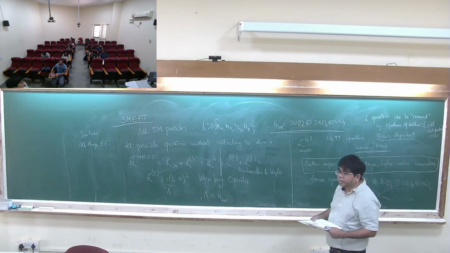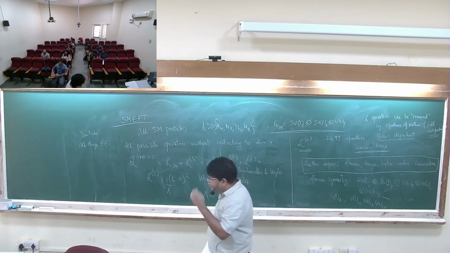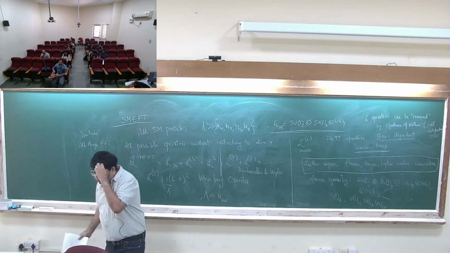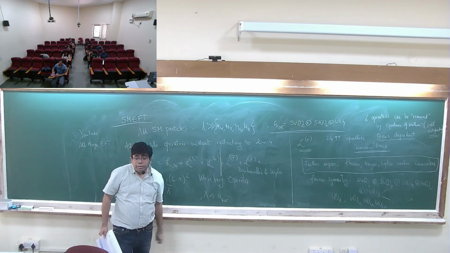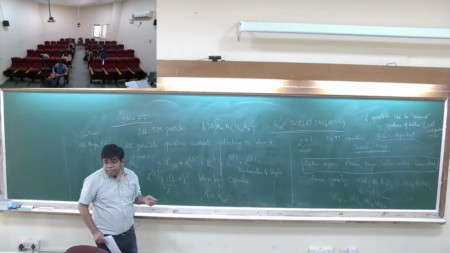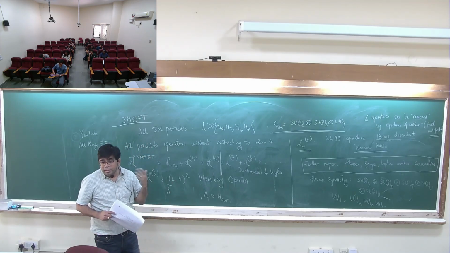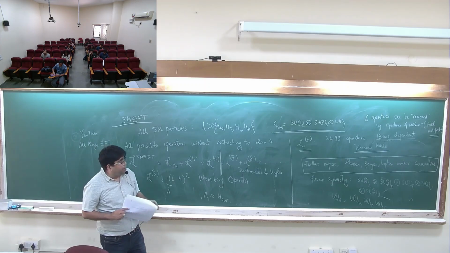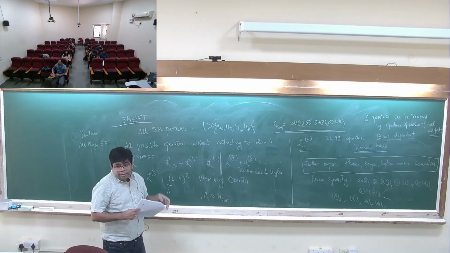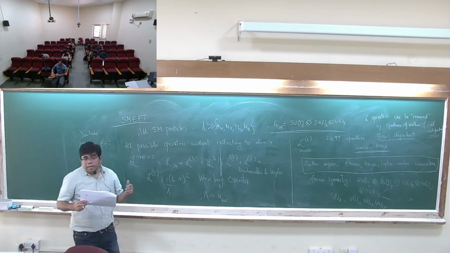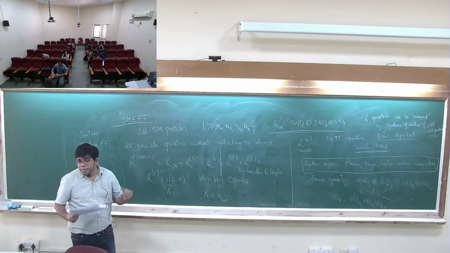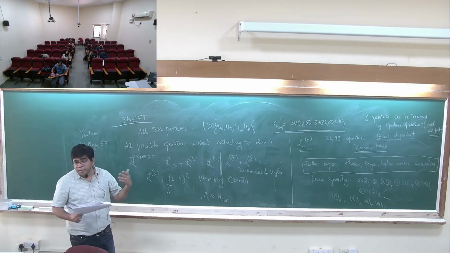Nowadays it's all rephrased in terms of field redefinitions. You can look at Timothy Cohen's papers on it. They are very hard to understand, but they are asking a much more detailed question: how do you define the parameter space of SMEFT compared to HEFT?